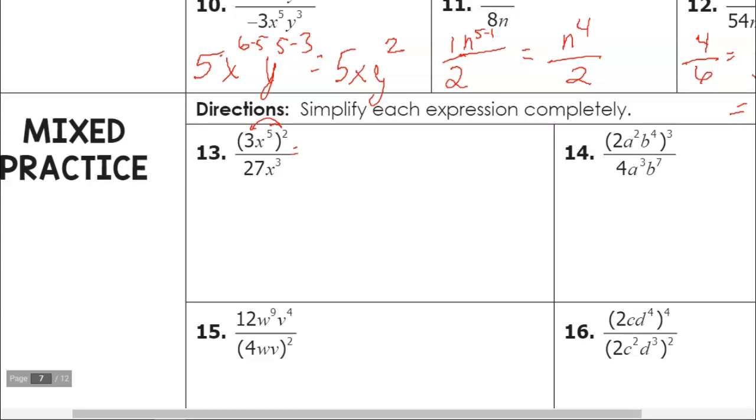So when I do that initially, I end up with 9, and then 5 raised to the 2nd power becomes x to the 10th on top, and I end up with 27x cubed on bottom. 9/27 reduces to 1/3, and then I have x to the 10 minus 3. Again, I'm trying not to put that on bottom here, so I'm going to fix that. 1/3 x to the 7th.